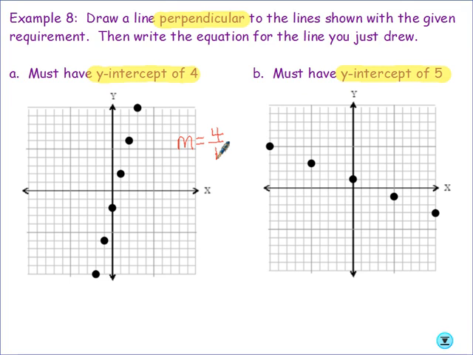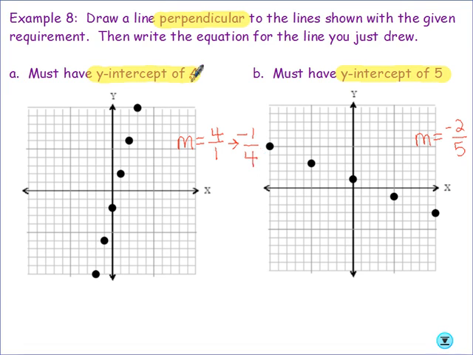And we already know the slope of this line is negative 2 over 5. But we need the reciprocal. This is a positive. The opposite is a negative. 4 over 1 becomes 1 over 4. That's our slope that we are using.